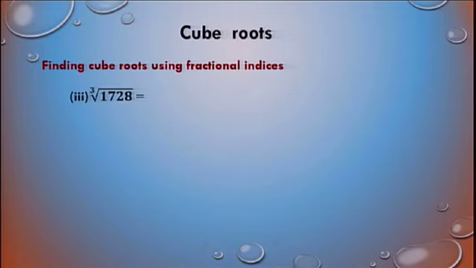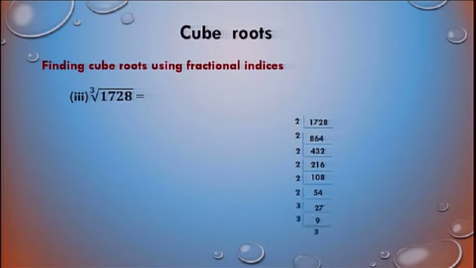Cube root of 1728. First, we are going to find the prime factors. We divide by 2. Then we divide by 3. So 1728 can be written as 2 power 6 times 3 power 3.